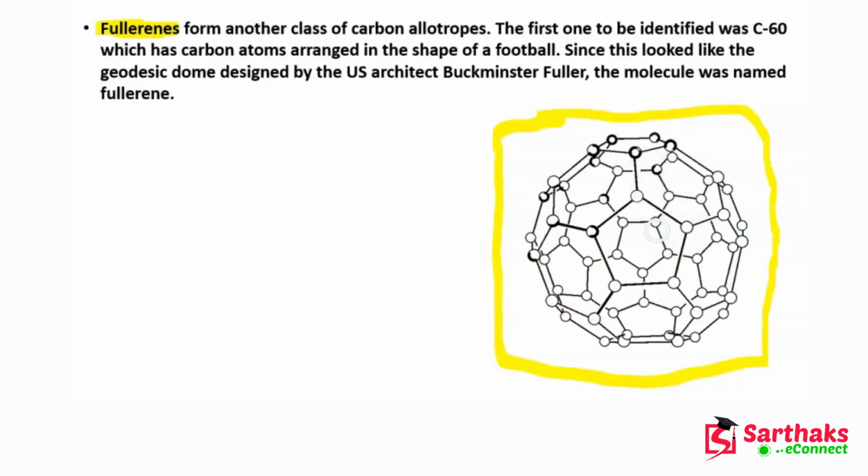This is known as fullerene. It also looks like the geodesic dome designed by the US architect Buckminster Fuller. Because Buckminster Fuller designed a dome and this structure looks like that dome, this molecule is named fullerene.